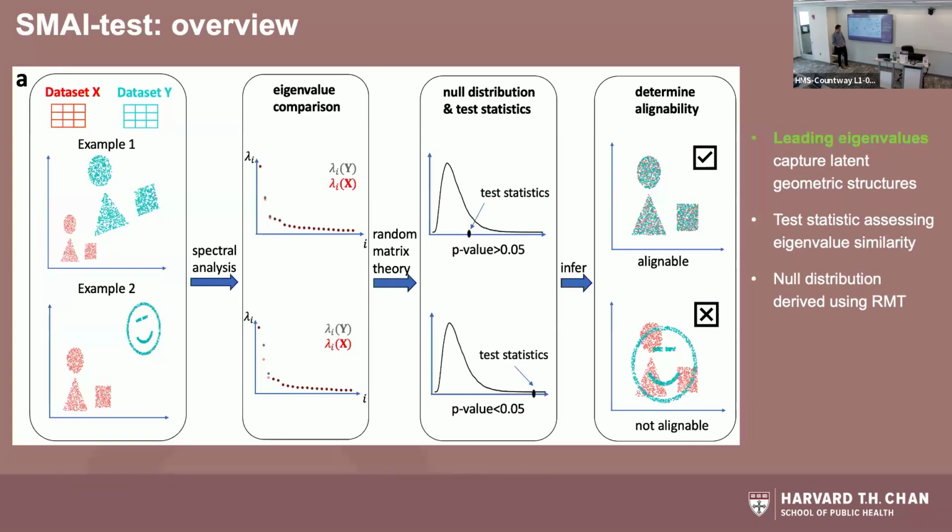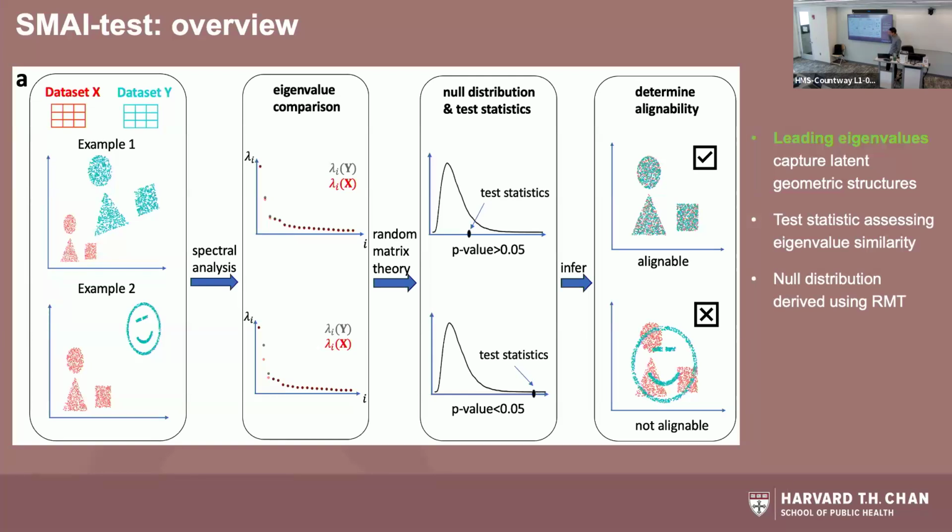In the second case, they are very different. And from random matrix theory, we can also derive a test statistic so that when they are similar, they are within some well-controlled null distribution. When they are very different, it will be detected. And then based on the p-values, we can tell whether they are alignable or not.